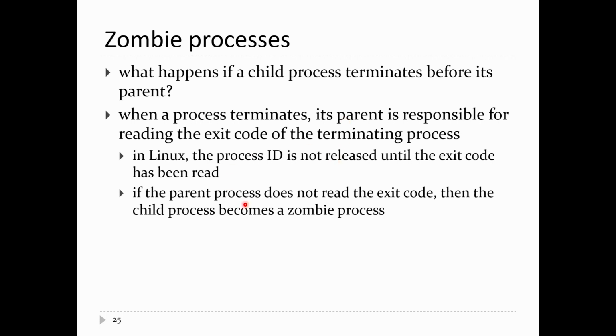A very long-running process would be something like a web server. If Amazon's web server, probably running Apache or something like that, which almost never goes down, is written in such a way that it never reads the exit status of its children, eventually that server is going to stop being responsive because it won't be able to create any more children.